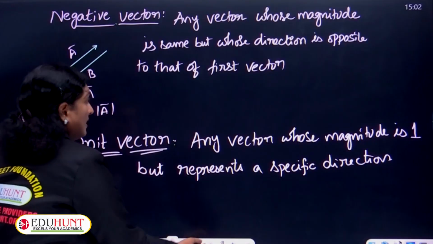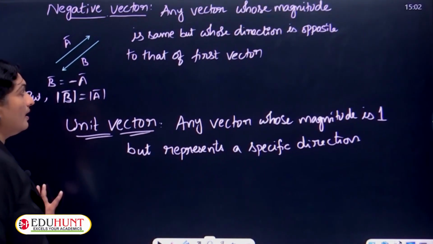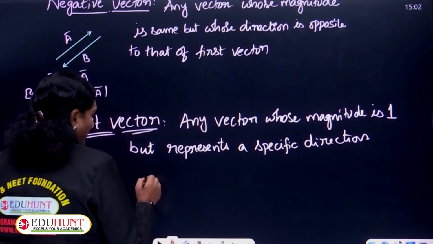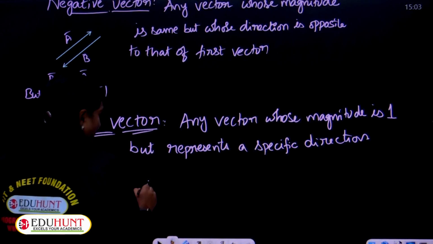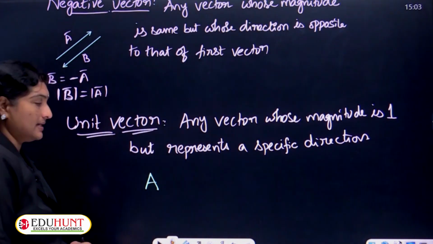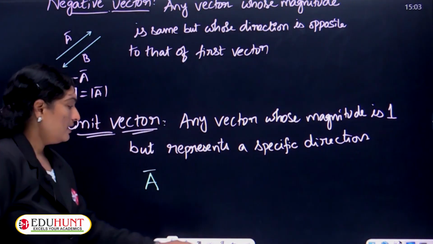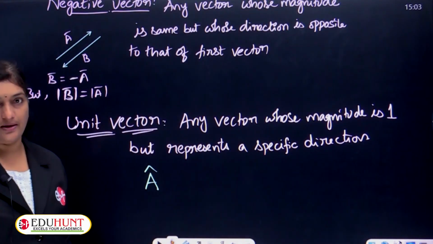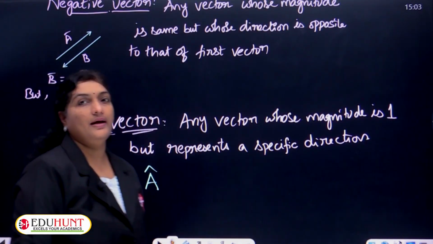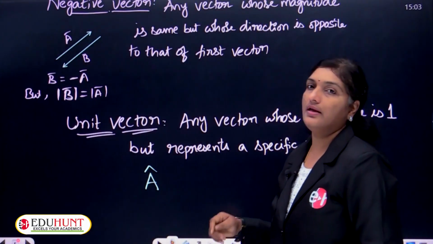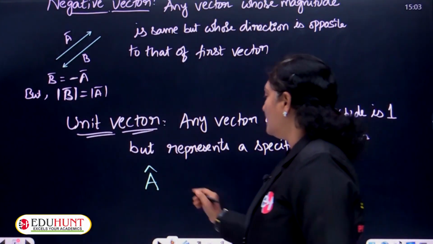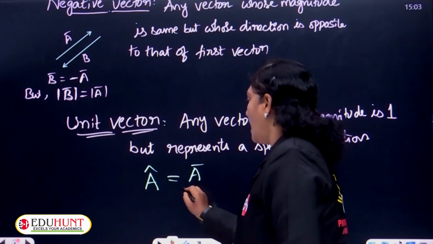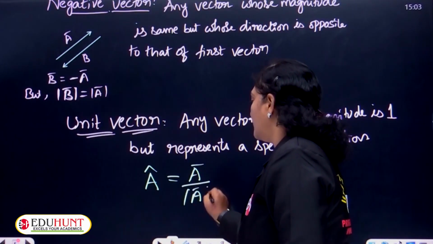Generally, a unit vector is represented by a letter with a cap over it. For example, if A bar is a vector, then the unit vector of A is given as A cap or A hat, whose value is equal to the given vector upon the magnitude of the given vector.